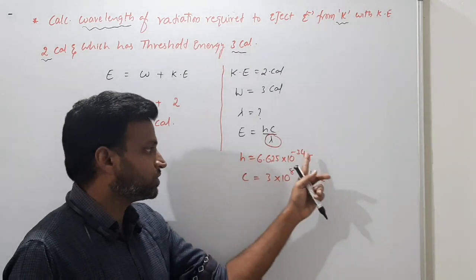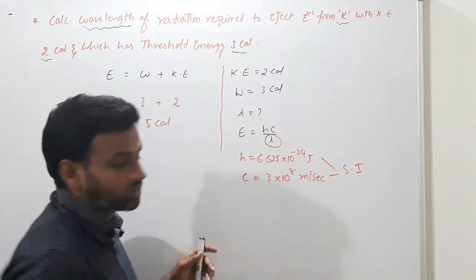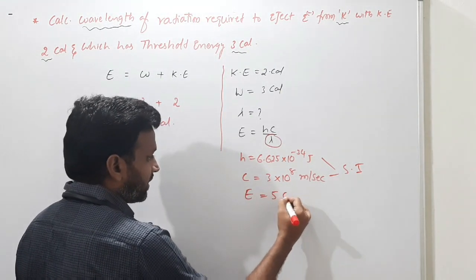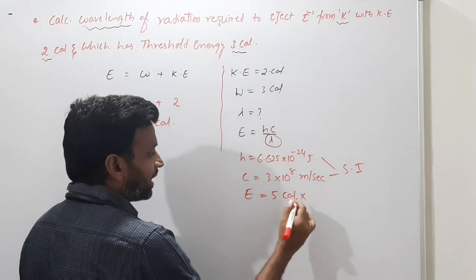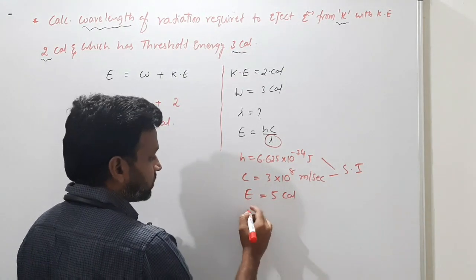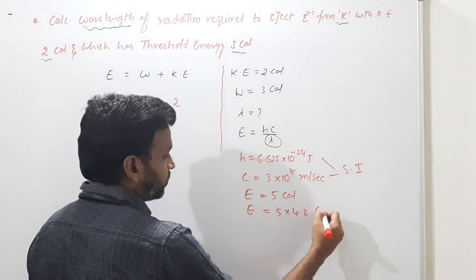So h value is in joules, so both are in SI units. The energy is actually 5 calories, so we convert 5 calories into joules. How? 1 calorie is equal to 4.2 joules, so E is equal to 5 into 4.2 joules.